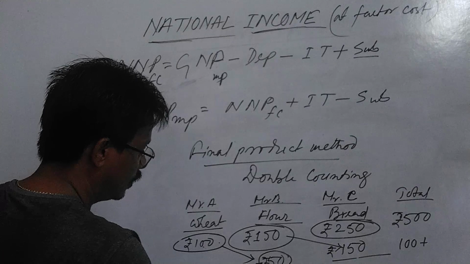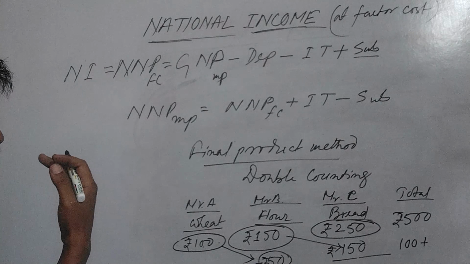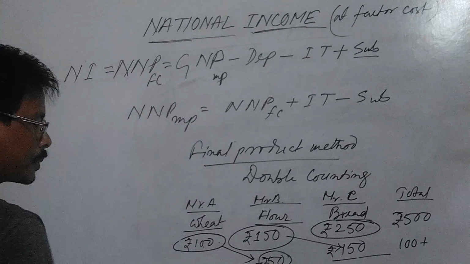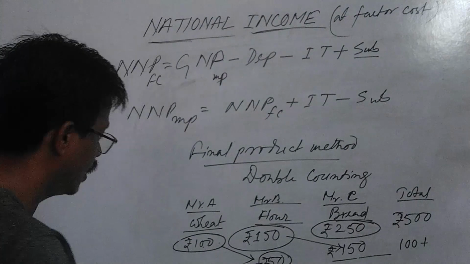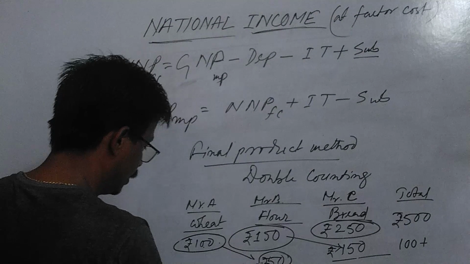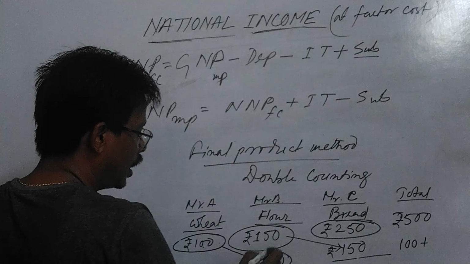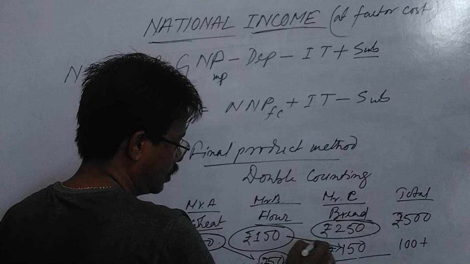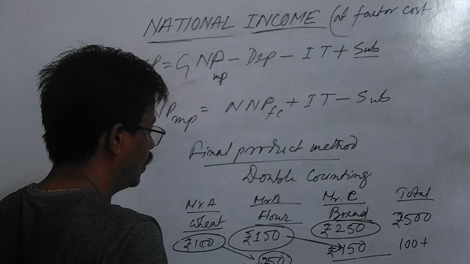So actually the value of flour produced is rupees 100. In case of bread, the bread producer has taken the flour from Mr. B in total of rupees 150.